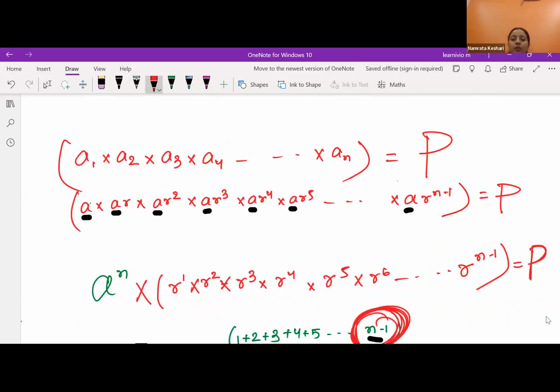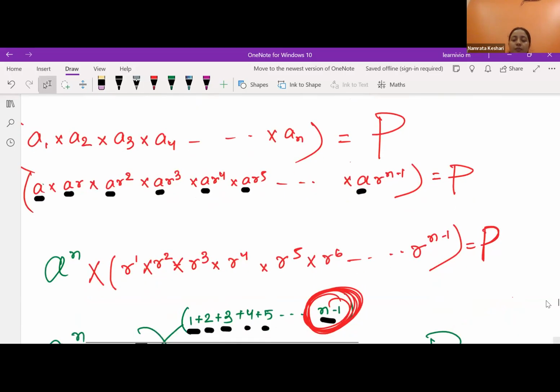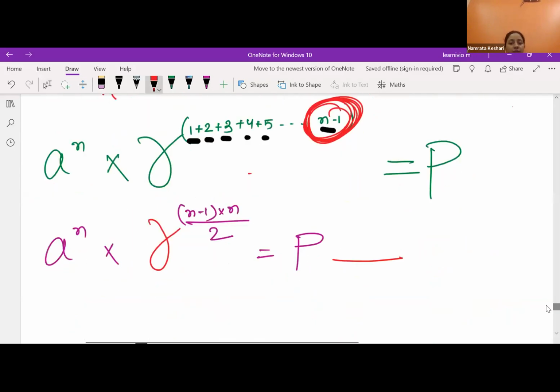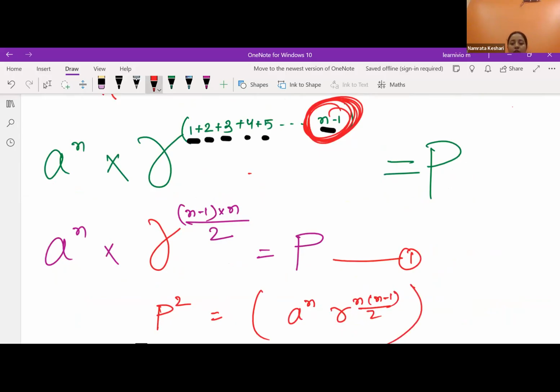So what we can do is square p and check whether we are getting the same or not. This is our p, right? When you do p square, let's check what we are getting. Everything we have is squared, yes or no?